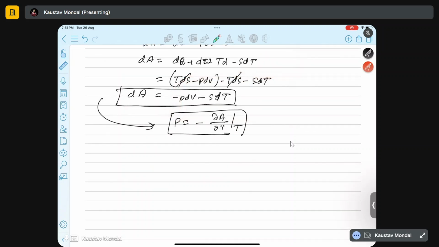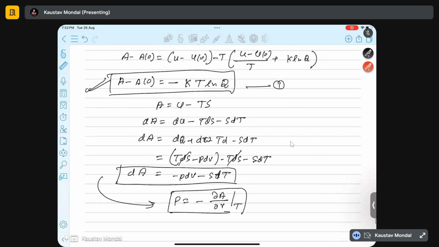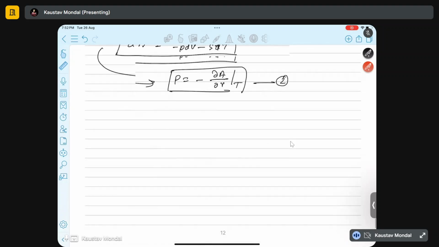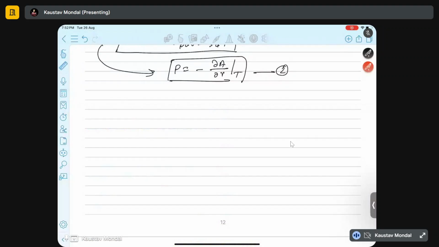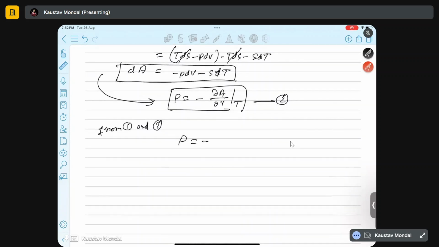Now for that, let me give some numbers to the equations, 1 and 2. From 1 and 2 you can write P as minus, and in the expression of A minus A0 there is also a minus, so minus minus will become plus.